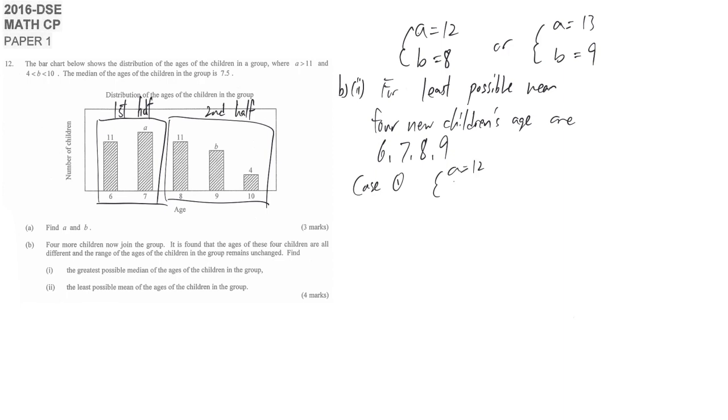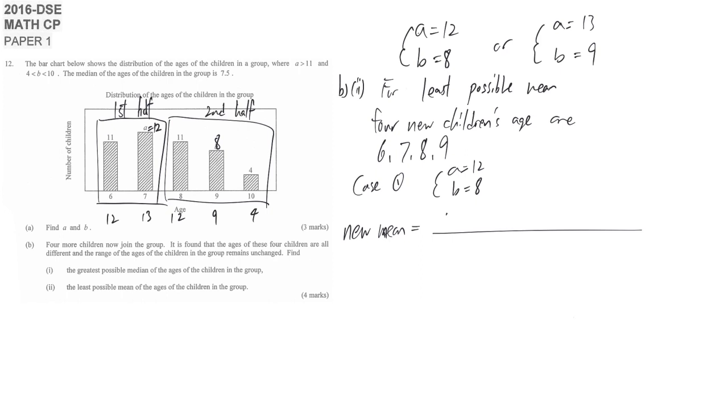Case 1. A is equal to 12 while B is equal to 8. So the new mean: A is 12, B is 8, so it becomes 12, 13, 12, and 9 because we add 4 new members.